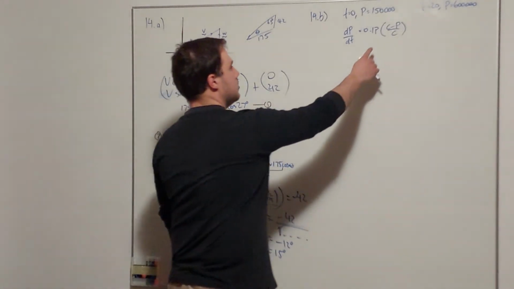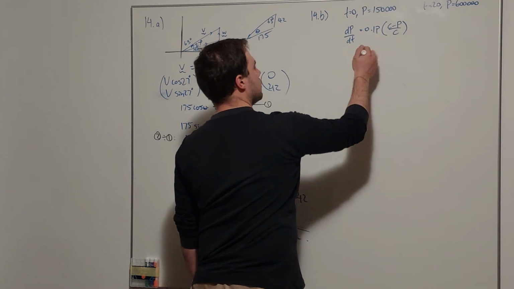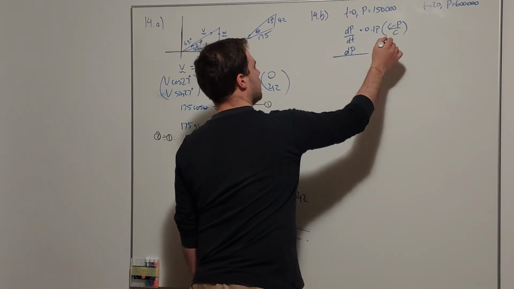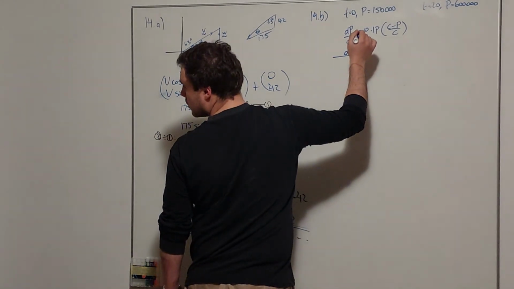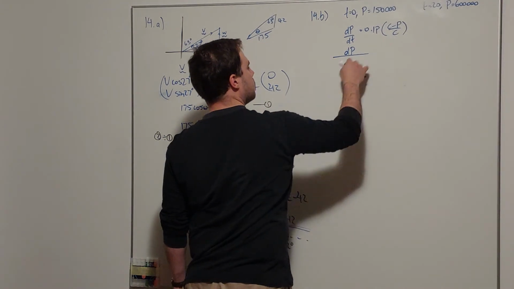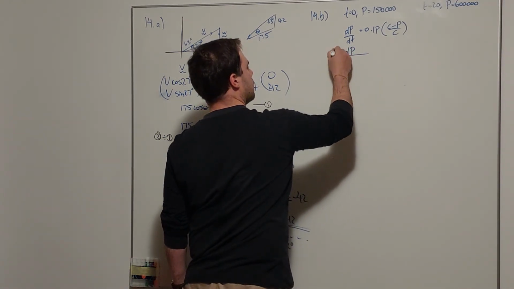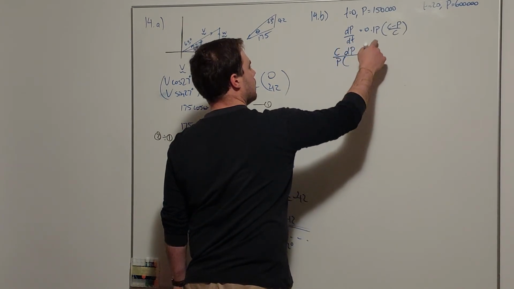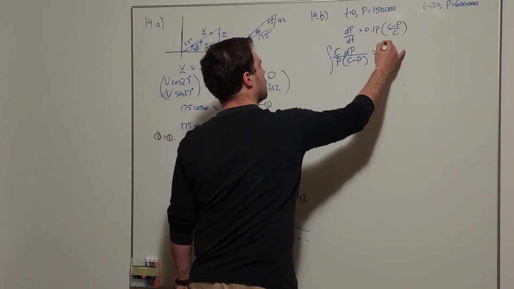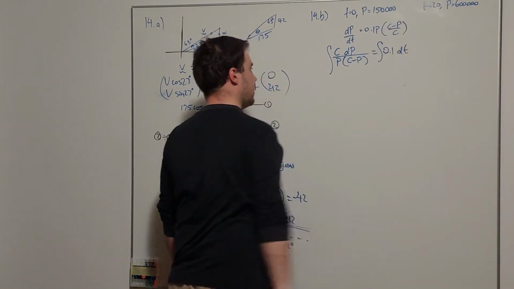Okay, so here we're going to want to group up our P's. So we're going to have dP on, if we bring that P down there times that C up here, and this (C minus P) here will equal 0.1 with the dt up here.